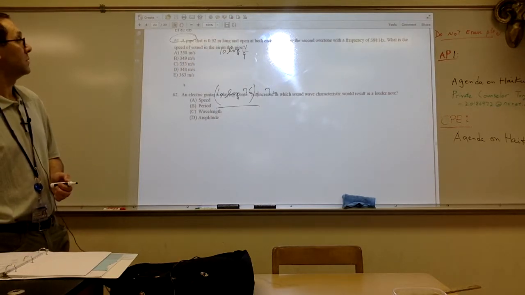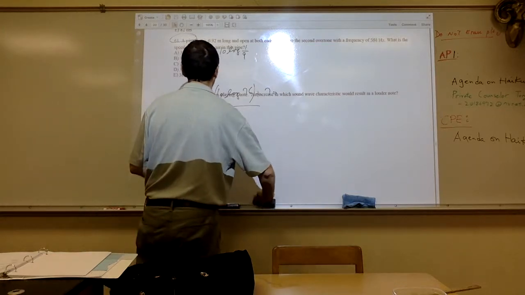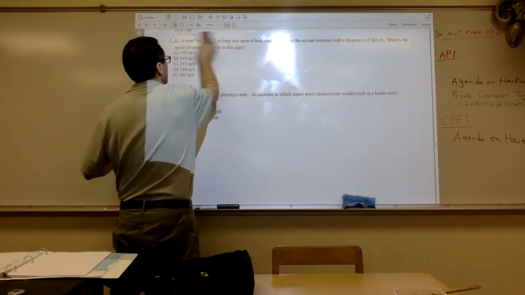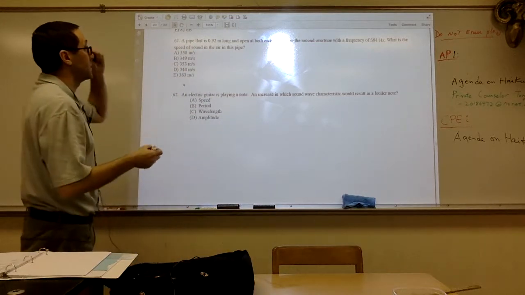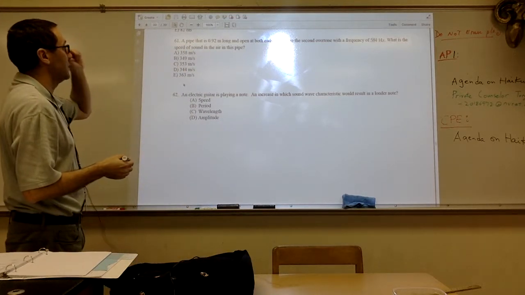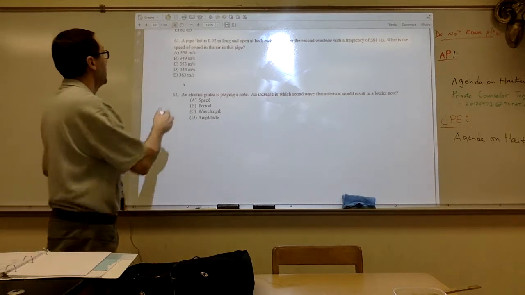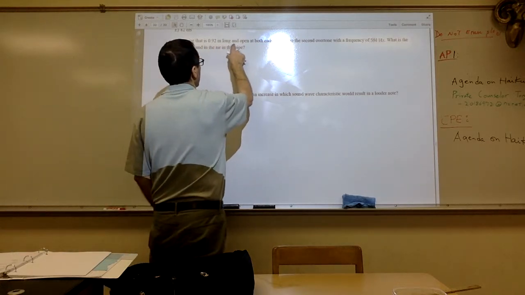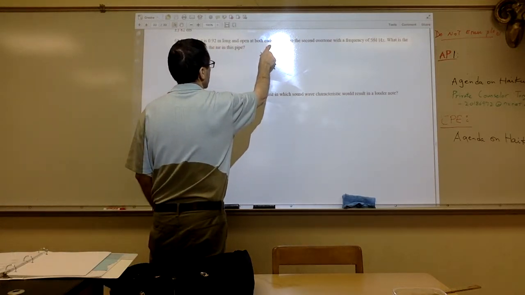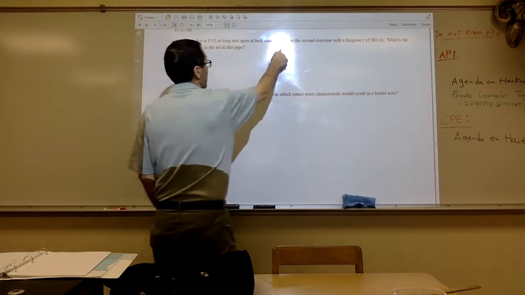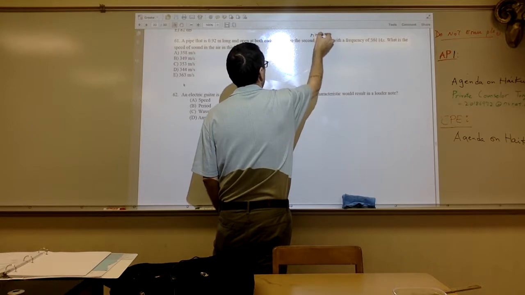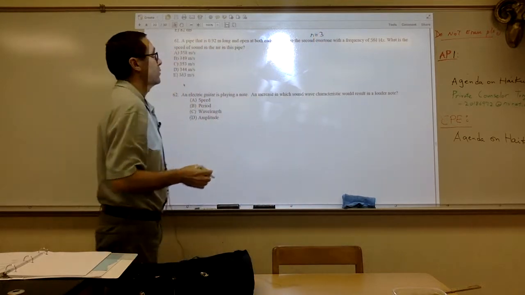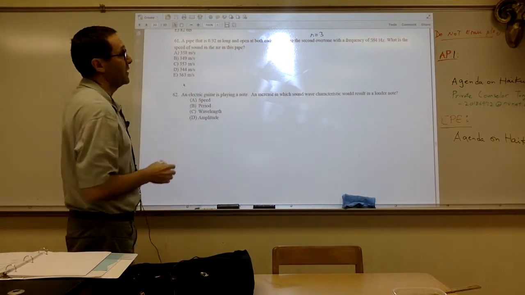Okay. All right, 61 and 62 don't have anything to do with the intensity, but they have to do with the old stuff. So I just want to make sure you still remember the old stuff. A pipe that is 0.92 meter long is open at both ends. Okay? Vibrates in its second overtone. So the second overtone means that n equals 3. That's the third harmonic. With a frequency of 584.